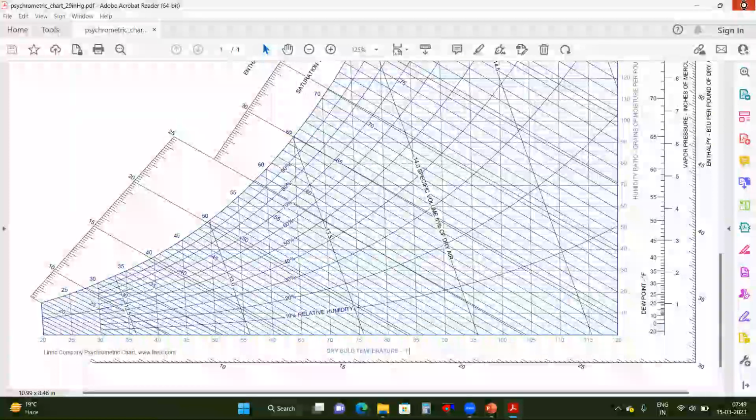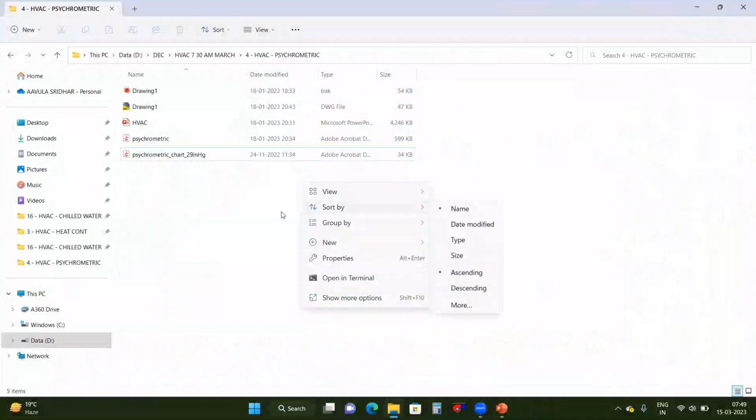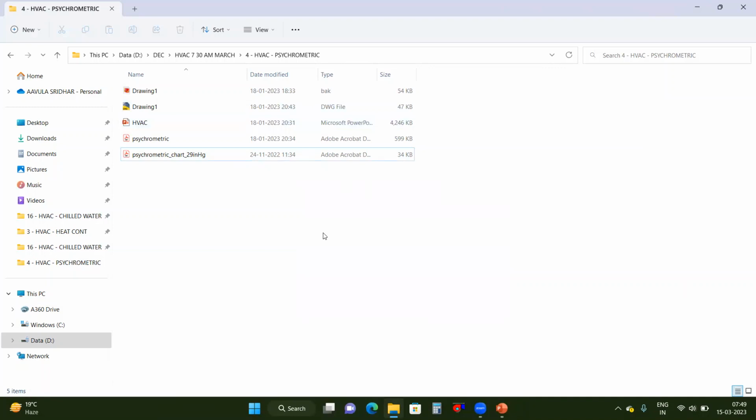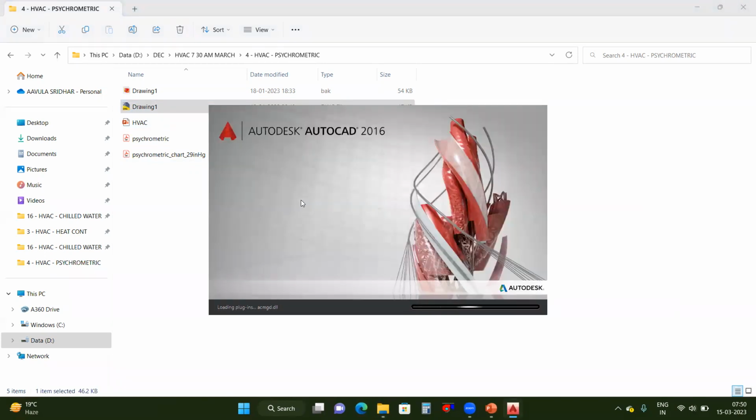For editing this, I am uploading it to AutoCAD so that I can easily edit. So you people can take a printout and do the calculations. Okay.